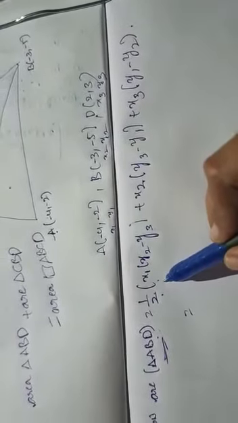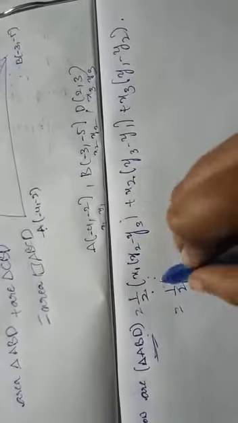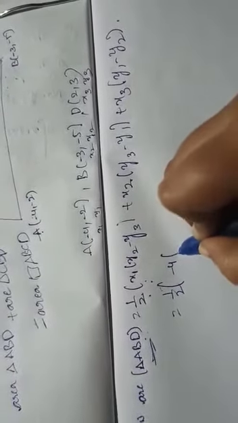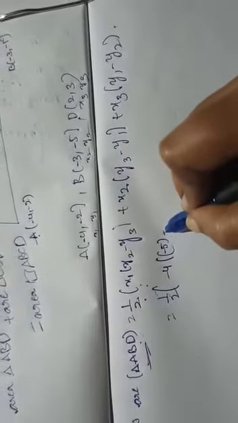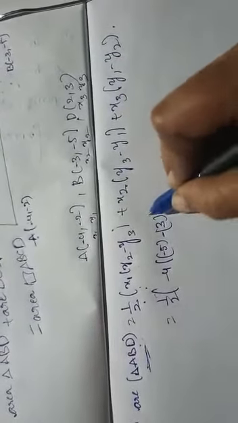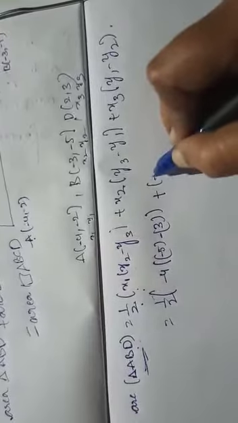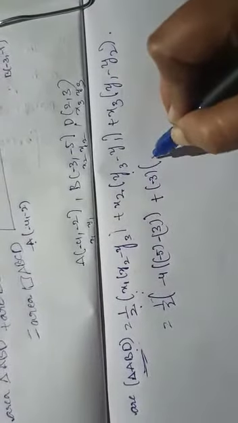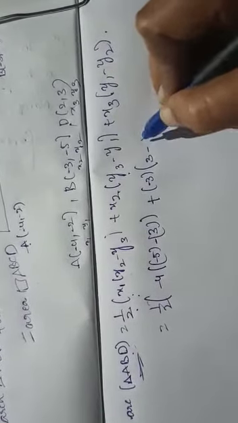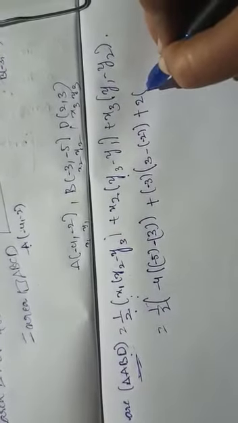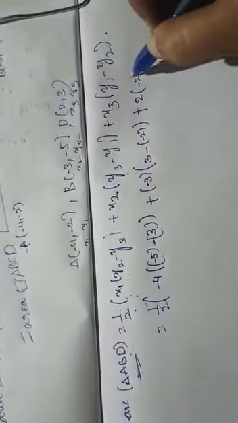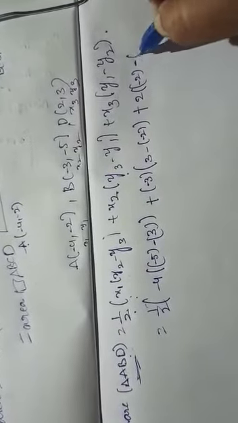These values are substituted in the equation: 1/2 into x1 is -4 into (y2 is -5 minus y3 is 3) plus x2 is -3 into (y3 is 3 minus y1 is -2) plus x3 is 2 into (y1 is -2 minus y2 is -5).